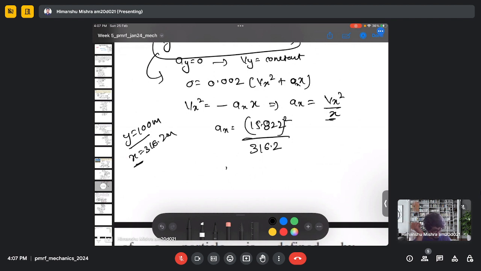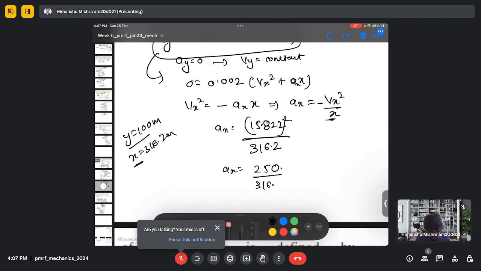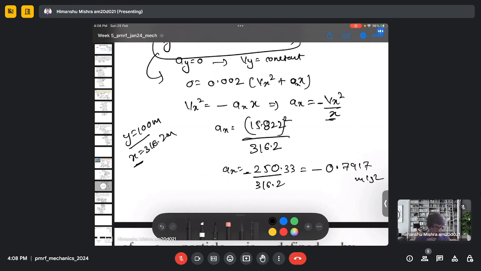So ax will be minus 15.822 square divided by 316.2, which is minus 0.7917 meter per second square.